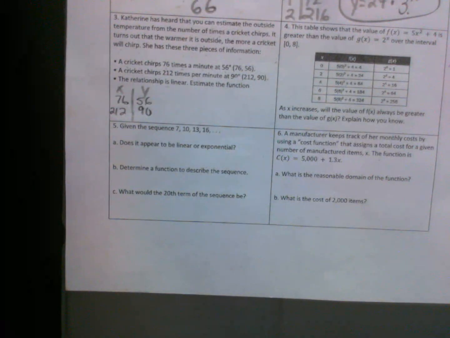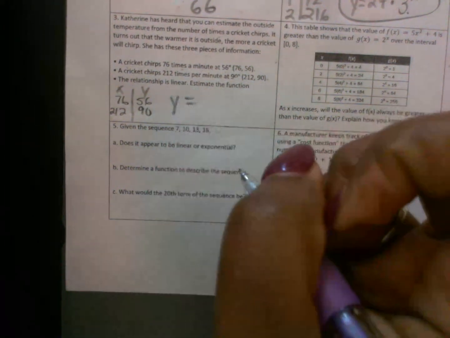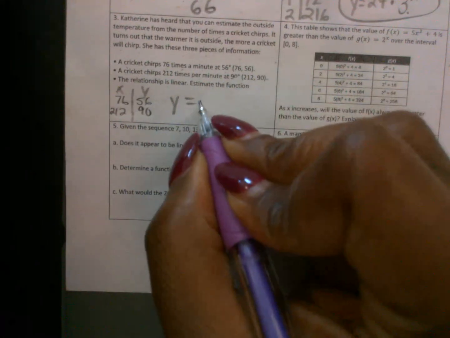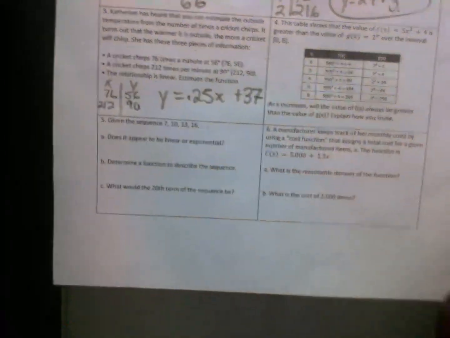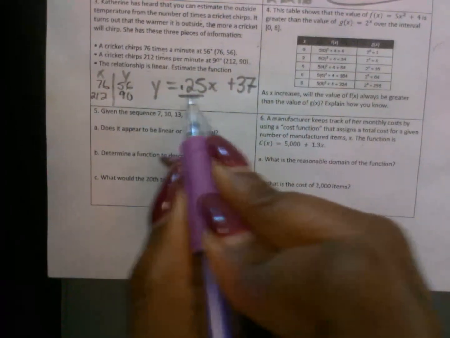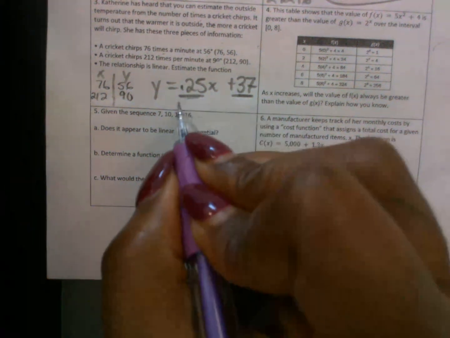And what's going to be your linear equation? Y is equal to what? 0.25x plus 37. Very good. That's your linear equation. This is your slope. This is your starting amount or your y-intercept. This is M. This is B. Okay. All right. I'm going to pause for the call, see if you can get number 4.